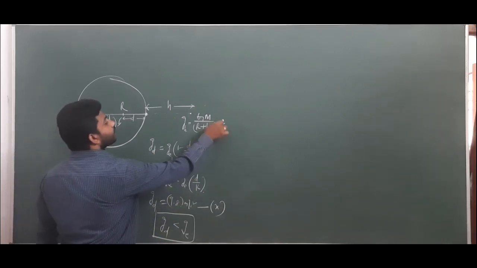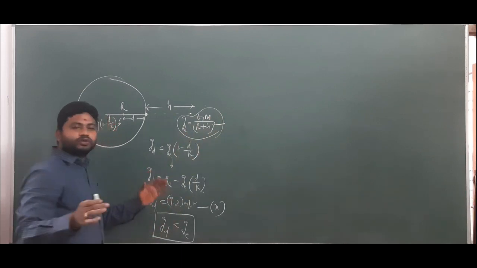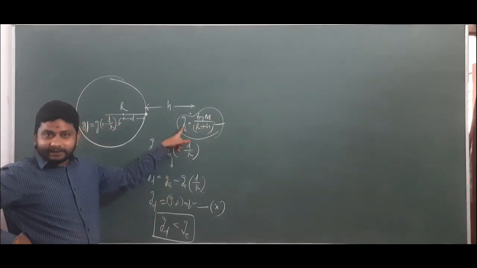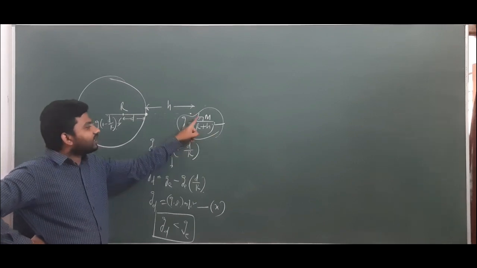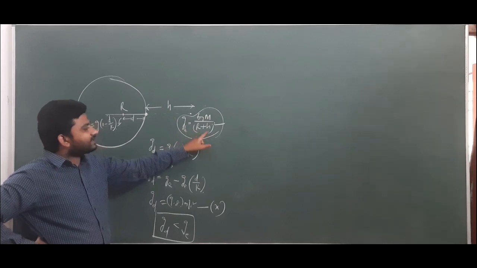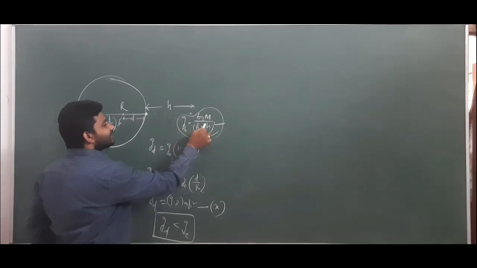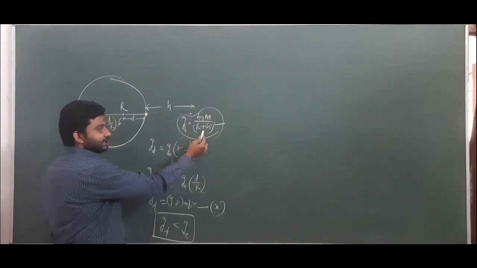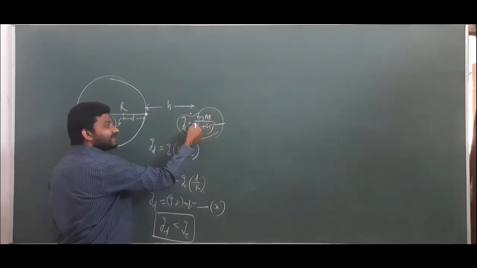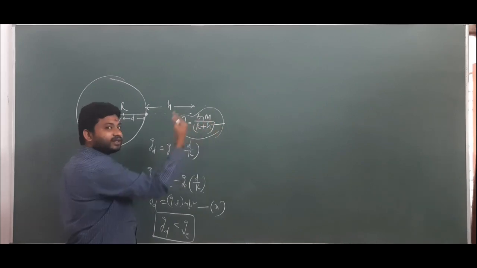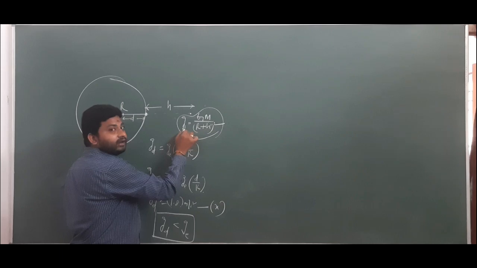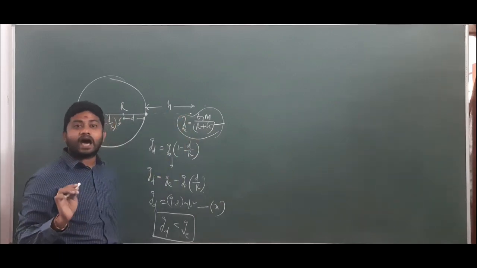Now concentrate on this part. Here also it's the same thing. Acceleration due to gravity at some height is equal to Gm by R plus H whole square, where Gm is constant. When this height is increasing, the complete R plus H whole square value will increase. When the denominator is increasing, the final value will decrease, yes or no?